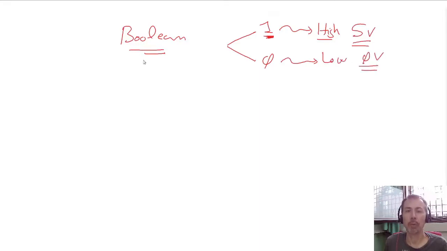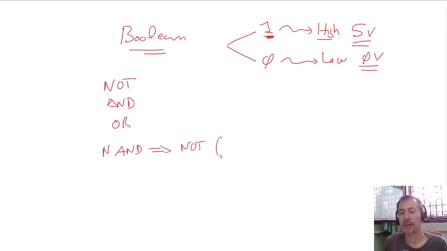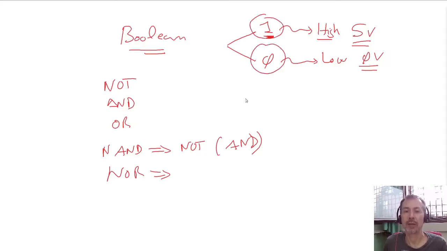And we are only doing Boolean operations. Boolean operations are NOT, AND, OR, and other operations like NAND, which is equivalent to a NOT of an AND, NOR operations, and so on. But we are always combining Boolean signals, 0 and 1.